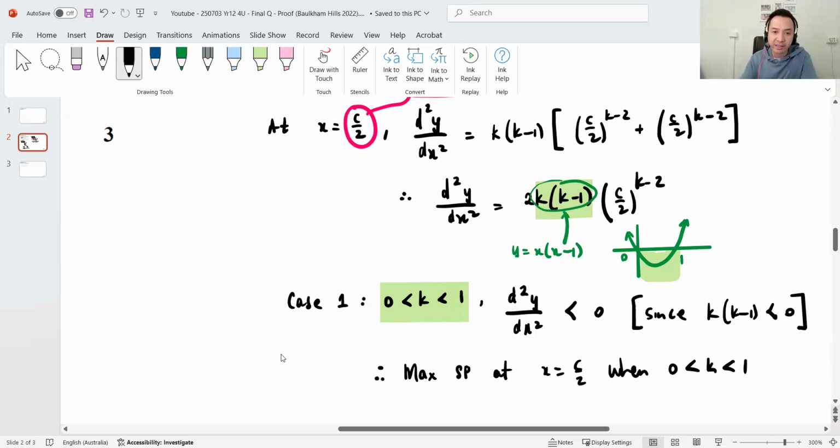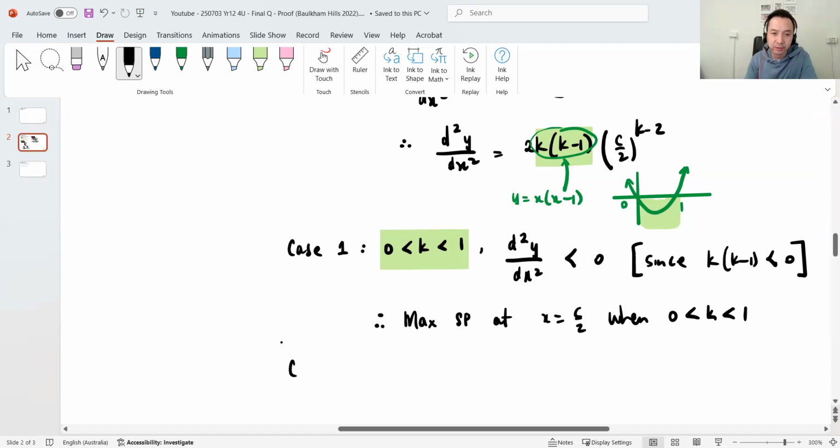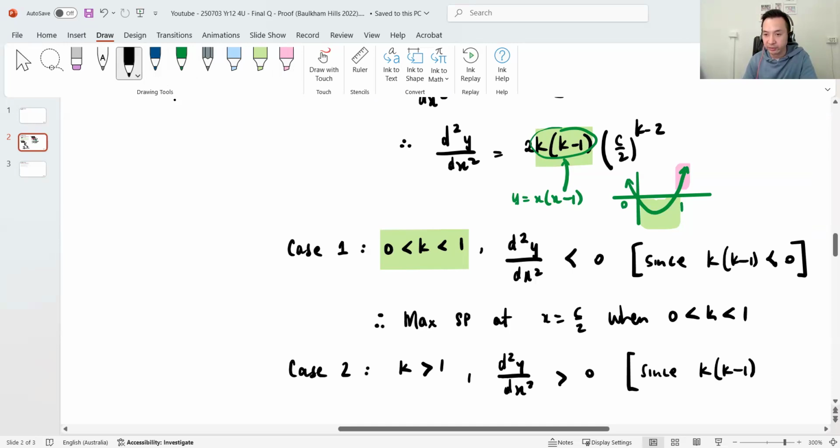The other case, when k is greater than 1. Now, when k is greater than 1, we're talking about this arm over here, this part over here. So then the second derivative is greater than 0 since k minus 1 is greater than 0, on that positive arm there.